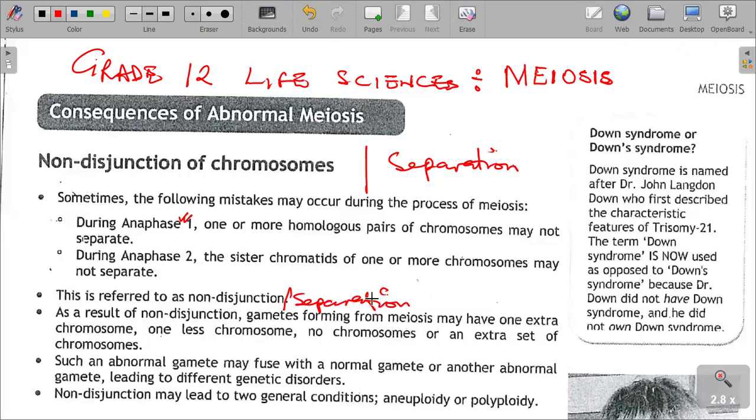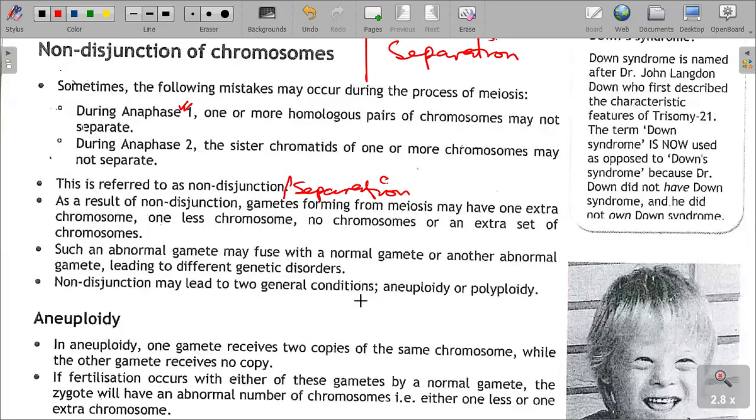As a result of that non-separation, gametes forming from meiosis may have one extra chromosome, or one less chromosome, no chromosomes, or an extra set of chromosomes. All these are possibilities that we can have.